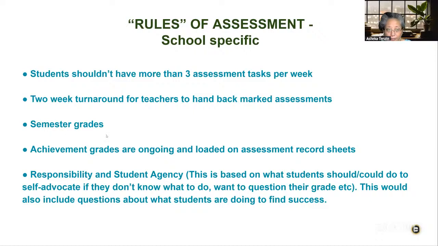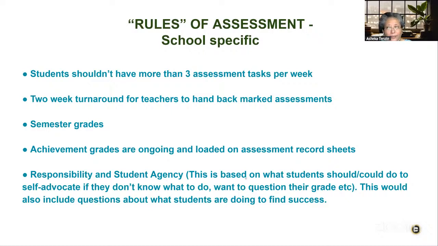Semester grades. Okay. Achievement grades are ongoing and loaded on assessment record sheets. The responsibility and student agency. Okay. This is based on what the students could do to self-advocate if they don't know what to do, want to question their grade. Okay.